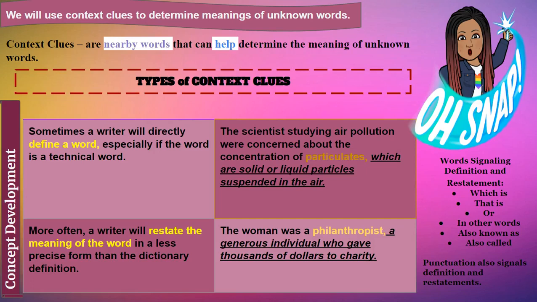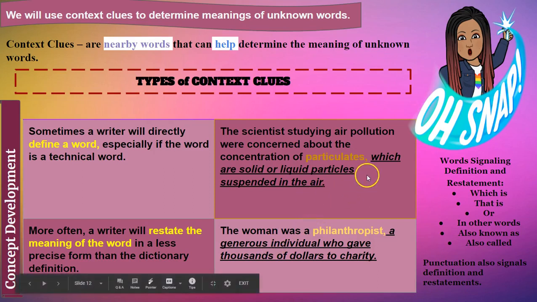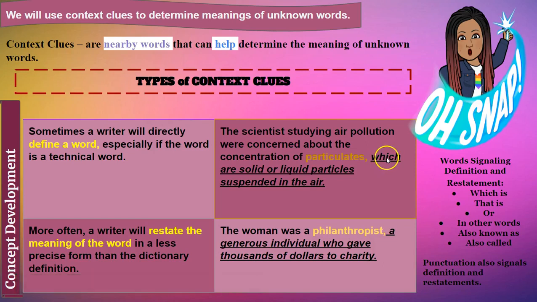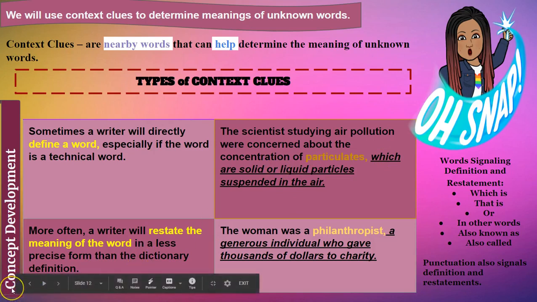The punctuation mark will really help you to identify different phrases, definitions, and things of that nature. So, if we look at our example, you see where this comma is, and then we have our clue word. So, it's telling us the definition, okay, of our unknown word.